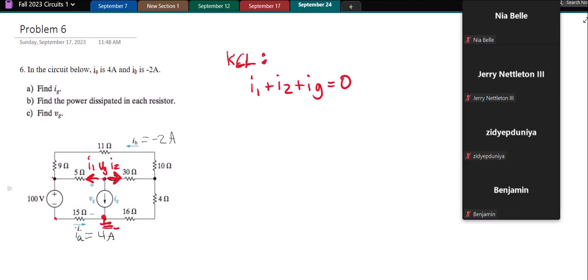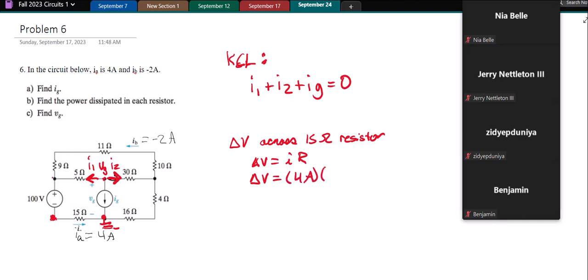Now what I can do is find out the voltage at this bottom left node, because I know what IA is. So I know the change in voltage across the 15 ohm resistor: delta V equals IR, so delta V equals our current, 4 amps, times our resistance, 15 ohms.